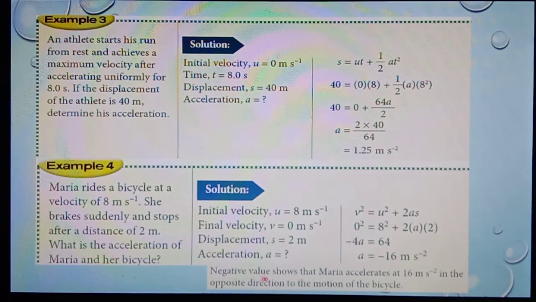So negative value shows that Maria accelerates 16 meters second negative 2 in opposite direction to the motion of bicycle, or decelerate at 16 meters second negative 2. Okay, so this is how we solve this equation. So if your answer have a negative sign, better for you to write something to explain why it is negative.